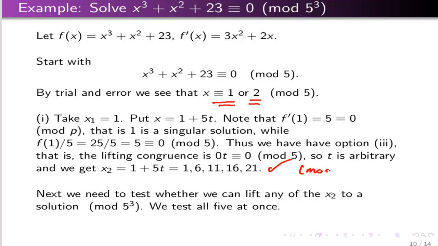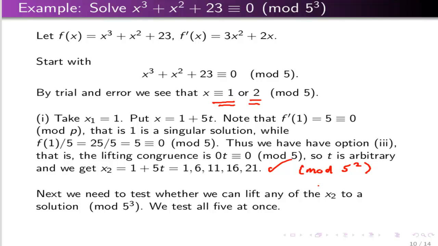The next step, we want to lift these to solutions mod 5 cubed. The idea in what we just discussed was to take each one individually and try lifting it from mod 5 squared to mod 5 cubed.